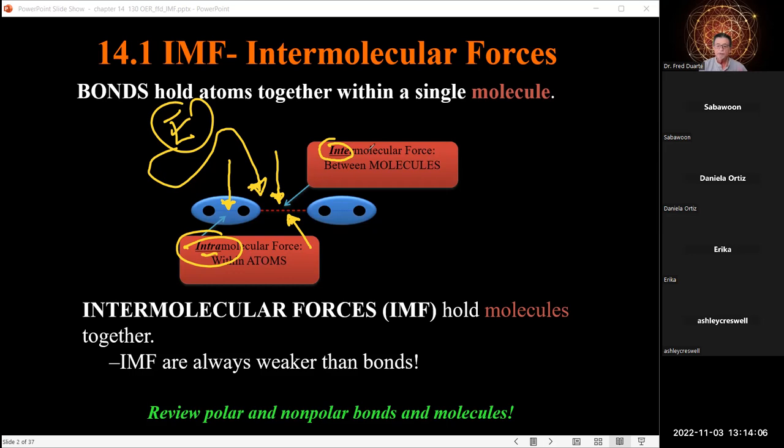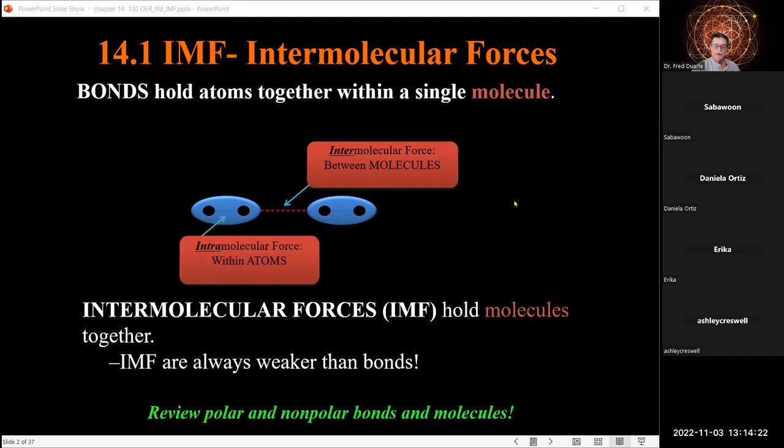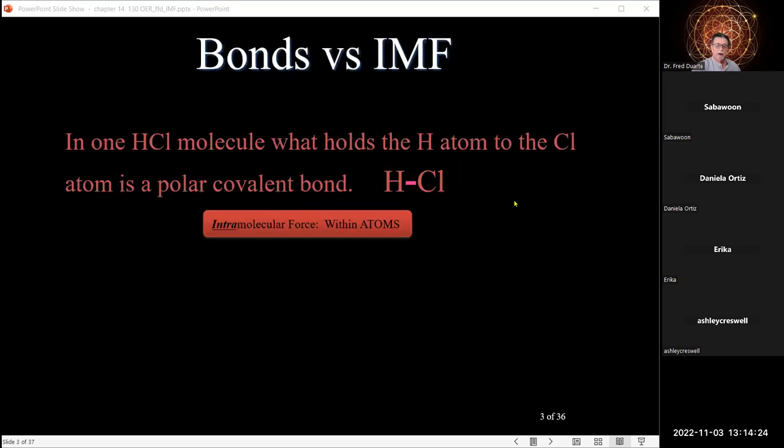Inter, not so much. All right, so we have to review the polarity of the molecule and review polar bonds and nonpolar bonds, because it's very crucial with respect to this particular chapter. So, bonds versus intermolecular forces.